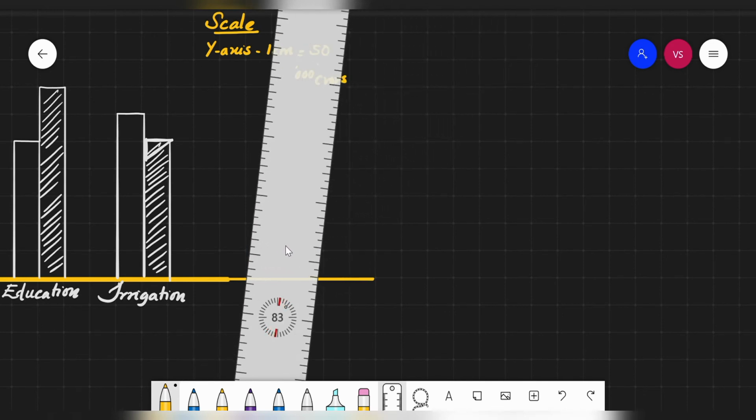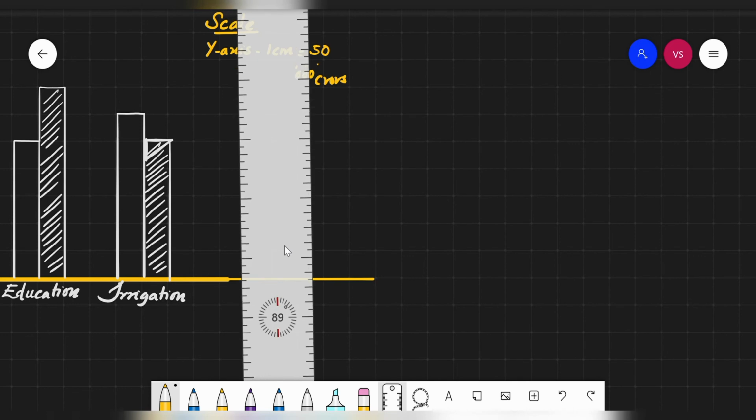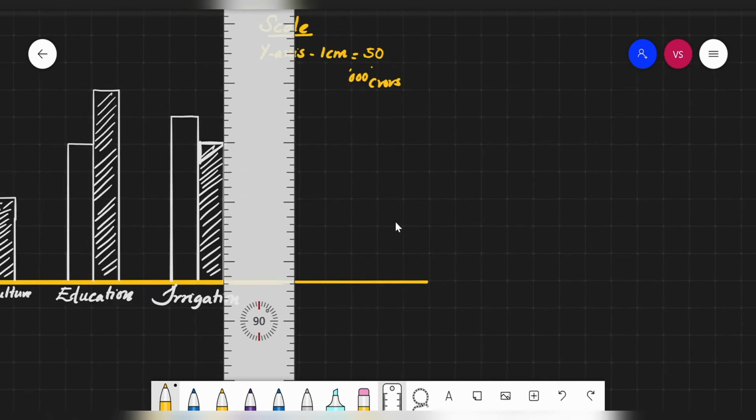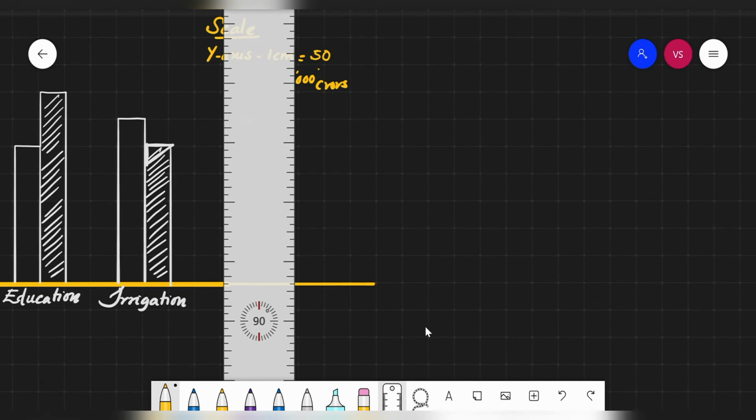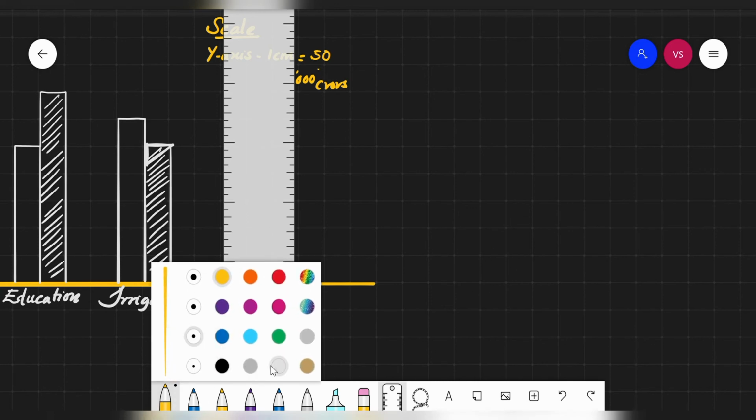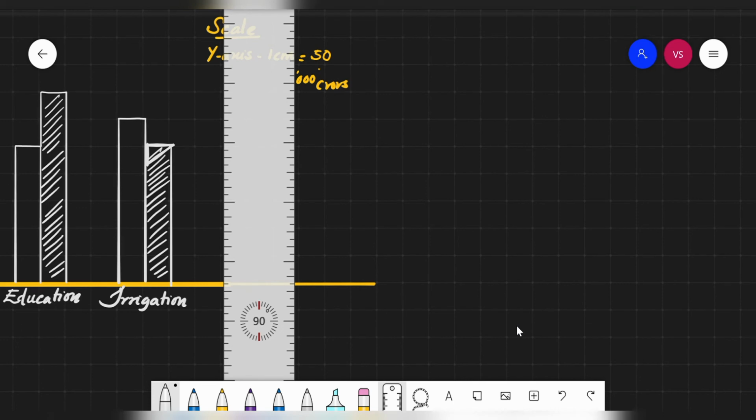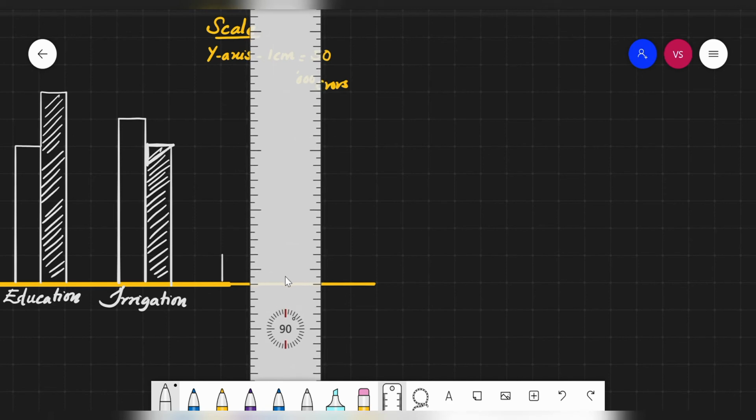For industry, the central government has allocated only 50, students. This is 50, correct? So the central government has allocated 50, one bar.